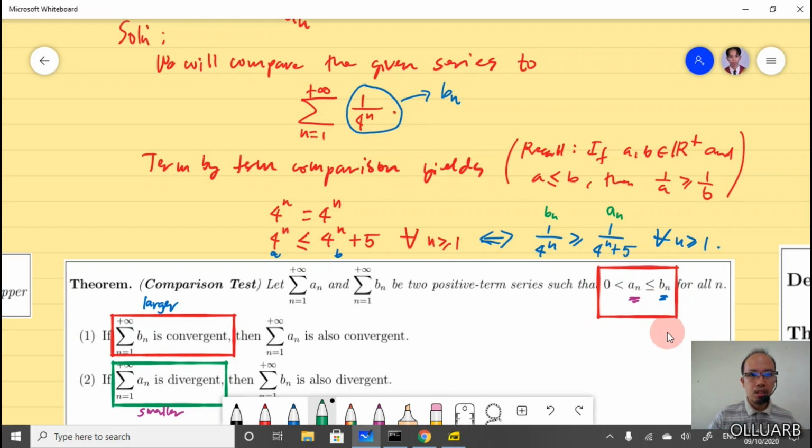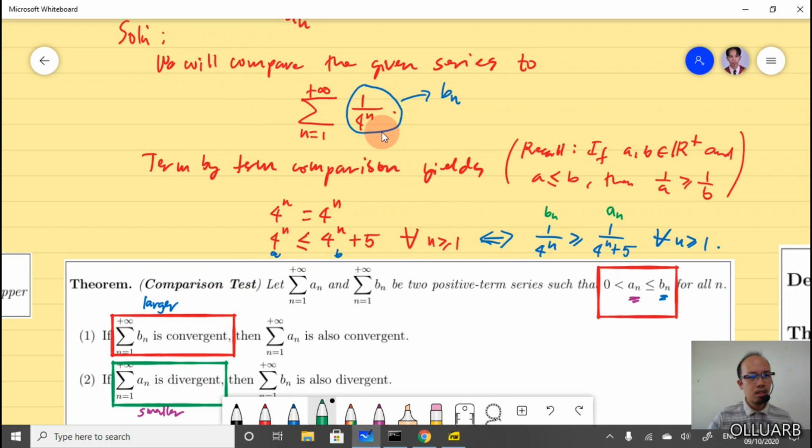As you can see in the assumption, B sub n must be convergent in order to use the comparison test, theorem 1. So this must be larger. We choose a series which is larger than the given one.